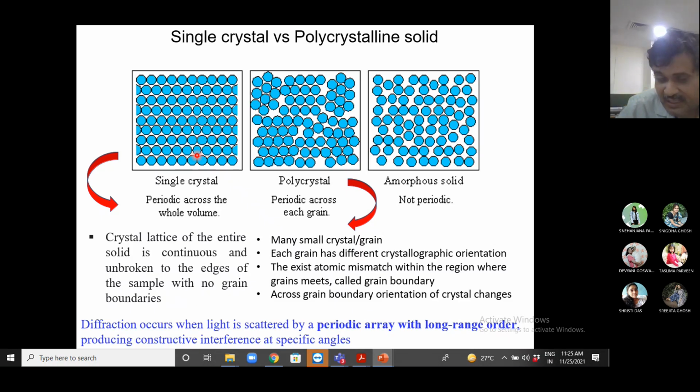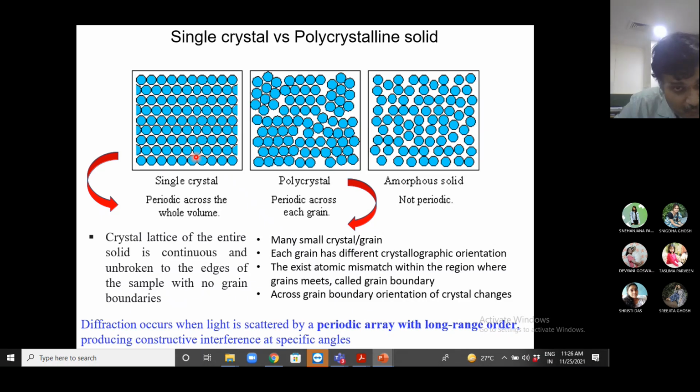By measuring those constructive interferences, we can conclude, by doing some mathematics, how the atoms are arranged inside each of these single crystals. For polycrystal you can do it, but it will be much more difficult than if the arrangement is like a single crystal.